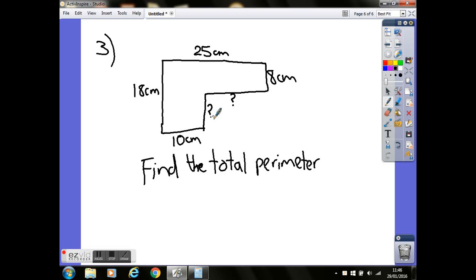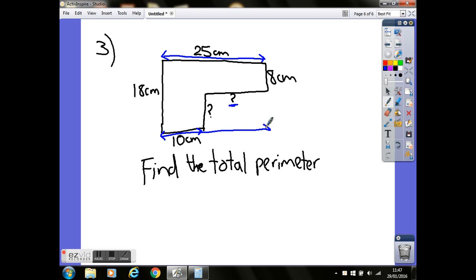So if we change colour, for this one we know that the full side across the top is 25. And if we look at the two parallel sides, obviously it's a freehand drawing so it's not 100% accurate, but these two parallel sides underneath it cover exactly the same distance as the line across the top does, the same length, if you can see that roughly.